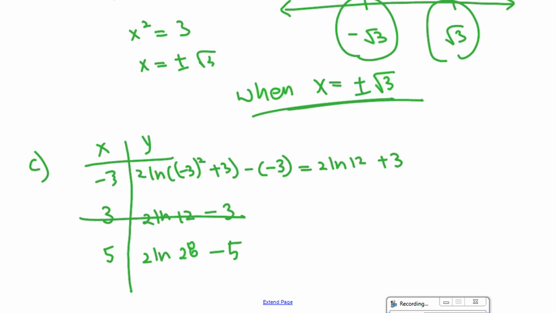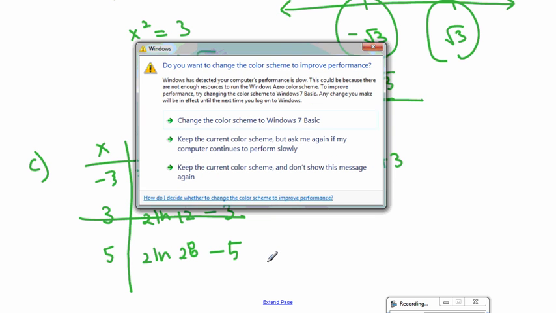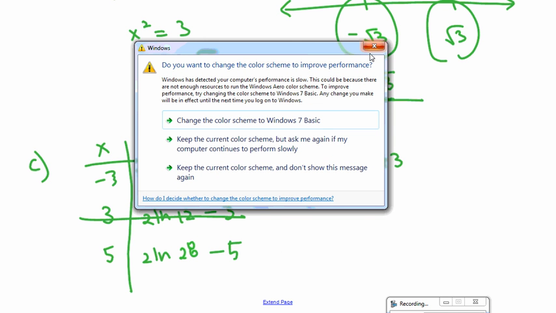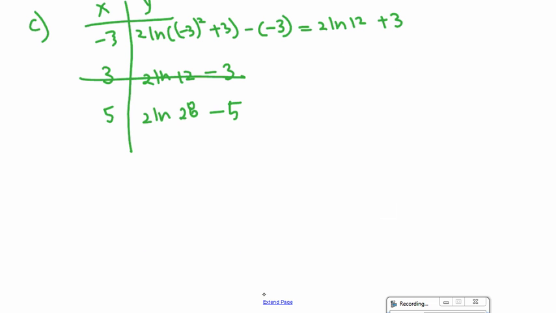In fact, to see which one is bigger, one thing we can do is put it into the calculator, or another thing we can do is simply compare 2 ln of 12 plus 3 and 2 ln of 28 minus 5.